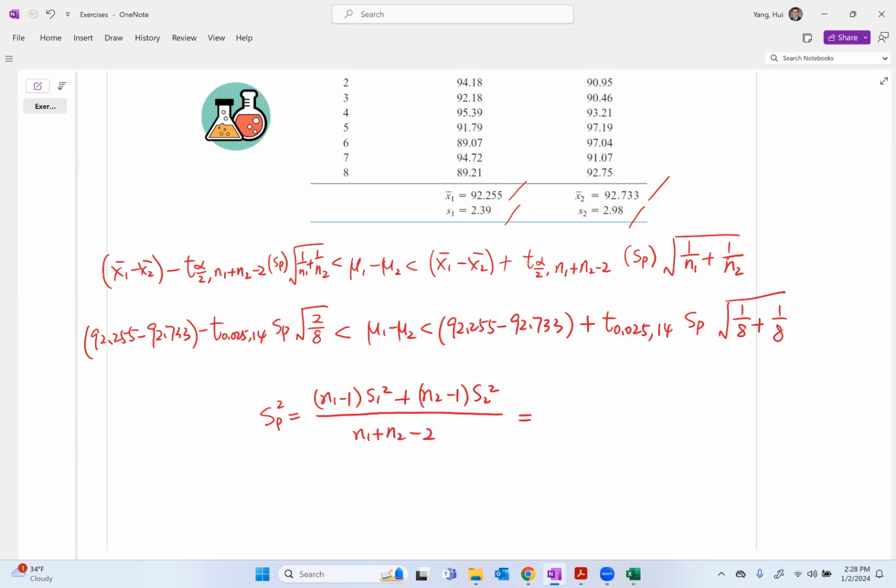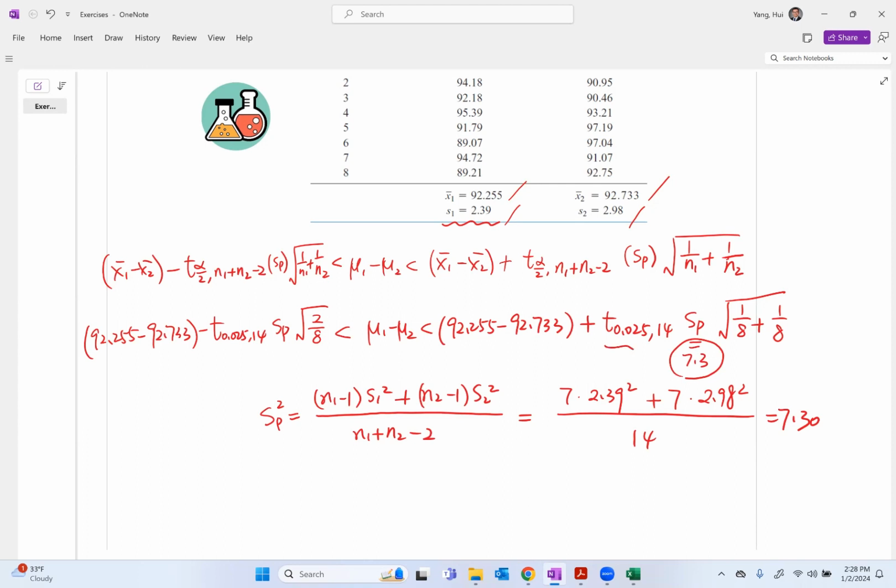This equals 7 times 2.39 squared, where 2.39 is a standard deviation, plus 7 times 2.98 squared, divided by 14. So this will equal 7.30. In this way, we got this part: 7.3.